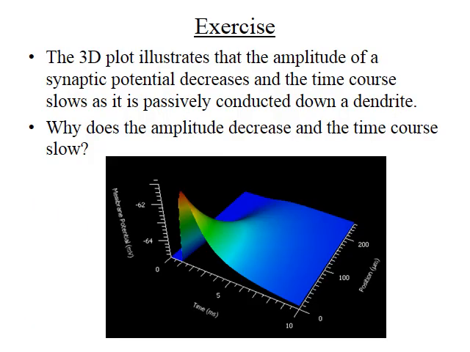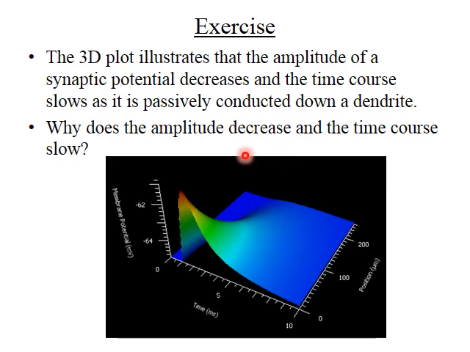We will be doing an exercise in class that illustrates how the length constant affects the passive conduction of a synaptic potential from the synapse down the dendrite to the cell body. What we see here is the output of a computer program, Metaneuron, that we'll be using extensively in class over the next week.